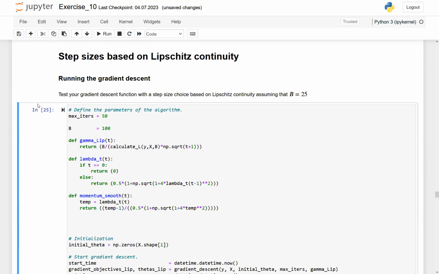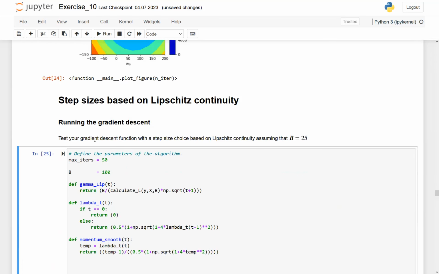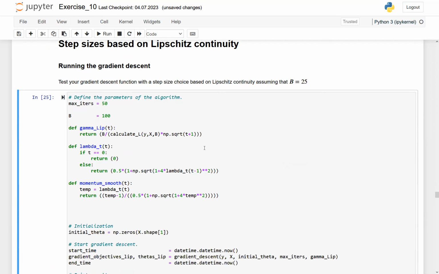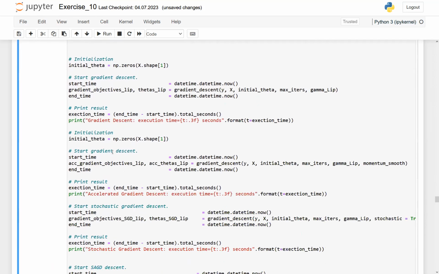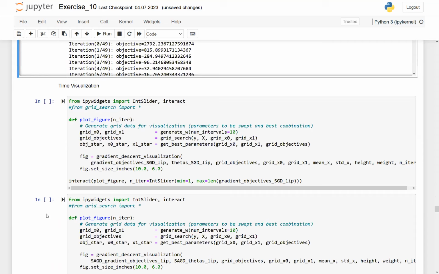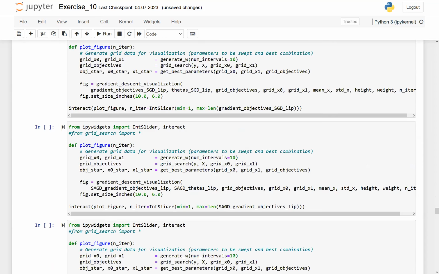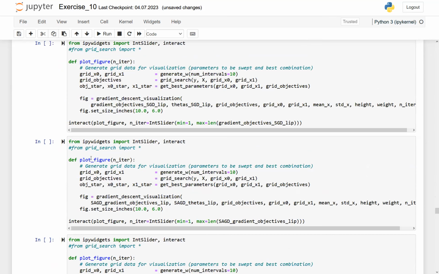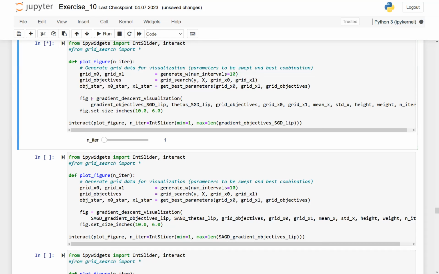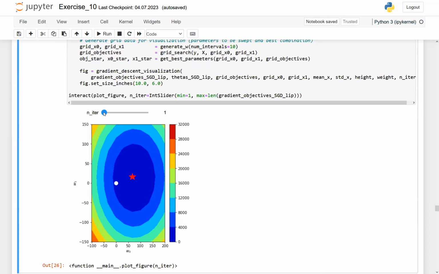Then we can also run all of these for the Lipschitz continuous case and have a look at what is going on for the stochastic gradient descent.